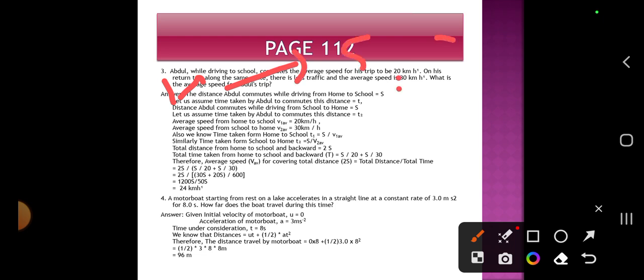The time taken, we know, is T equal to S upon V. Here the speed is given. As we know, V is equal to distance upon time.